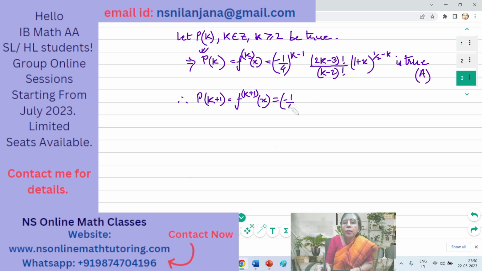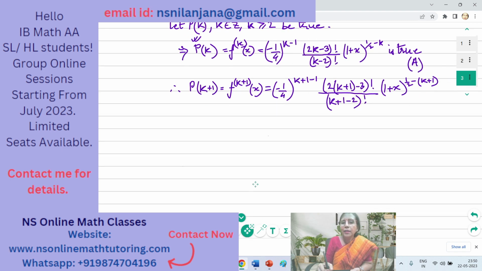This should be equal to negative 1 over 4 raised to k plus 1 minus 1, and this will be 2k plus 1 minus 3 factorial over k plus 1 minus 2 factorial times 1 plus x raised to the power of half minus k plus 1.